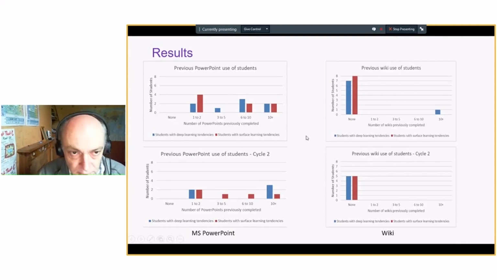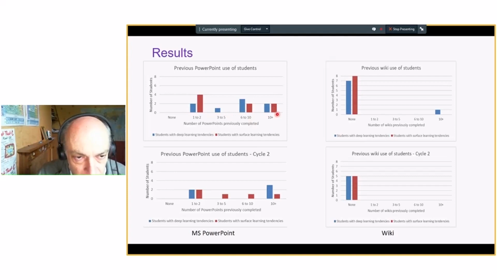So my results. If we look at the previous PowerPoint use of students, this is cycle 1 and cycle 2 down here. You can see I've got deep learning students in blue, surface learning students in red.